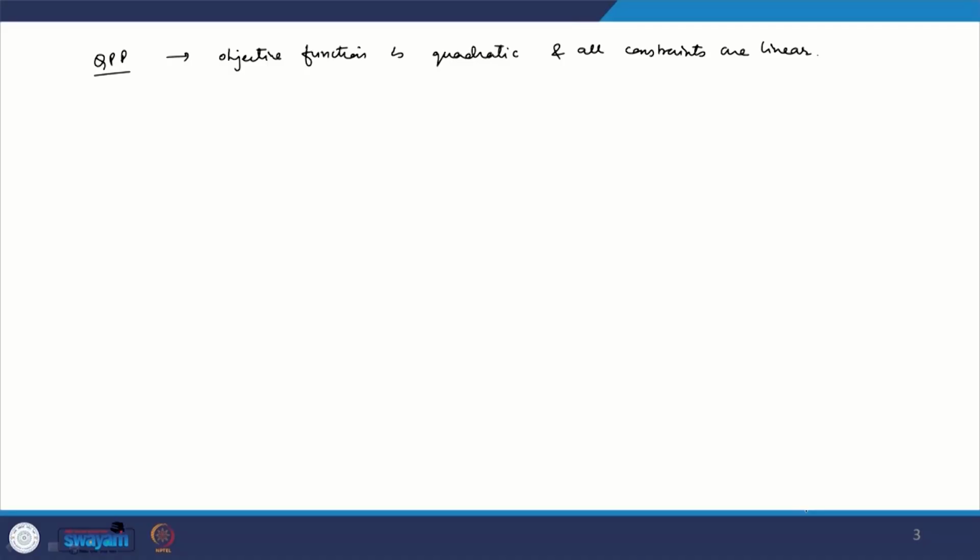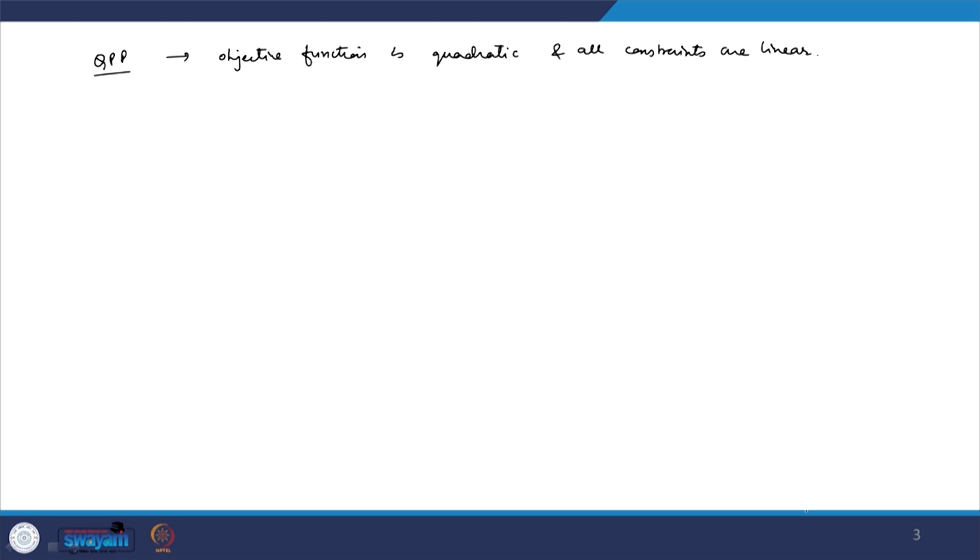So, for a QPP, the objective function is quadratic and all constraints are linear. And it will be a convex programming problem if the matrix involved in the objective function is positive semi definite. What is that matrix? First of all, I am writing the format of the QPP in which we can write it in Python using CVXOPT.